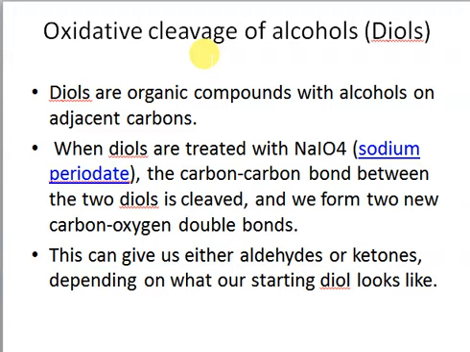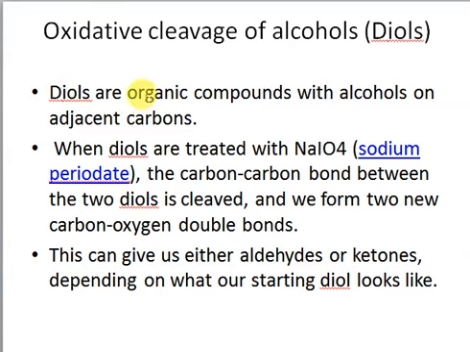We cannot carry out cleavage of simple alcohols. If you have a monohydric alcohol, you cannot carry out the oxidative cleavage. However, if you want to carry out oxidative cleavage, it is necessary that you have a diol or triol, whatever, but those diols should be vicinal. They should be on adjacent carbons, right?